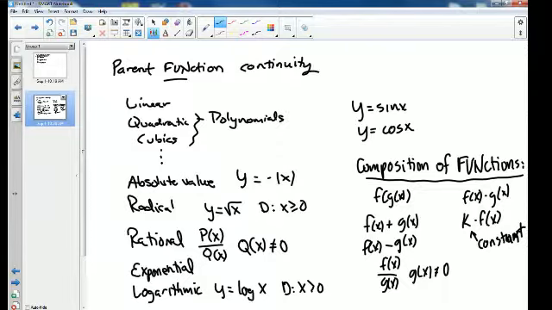Unless you're asked to specifically use the definition, you can just generally state any of this is continuous. A lot of the theorems we use require continuity. Now you can just say, oh, it's a polynomial, it's continuous.